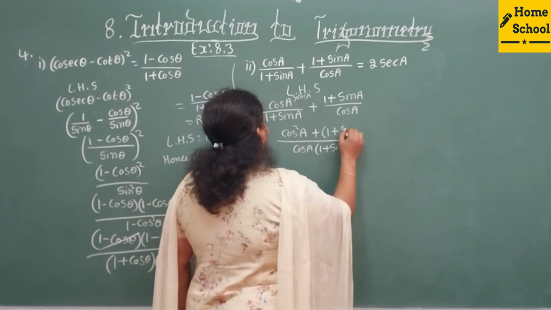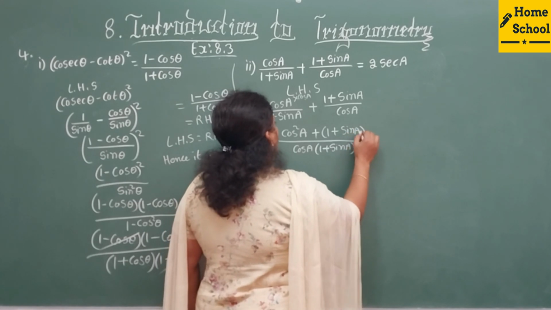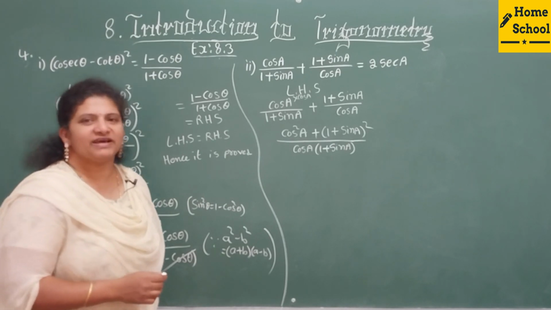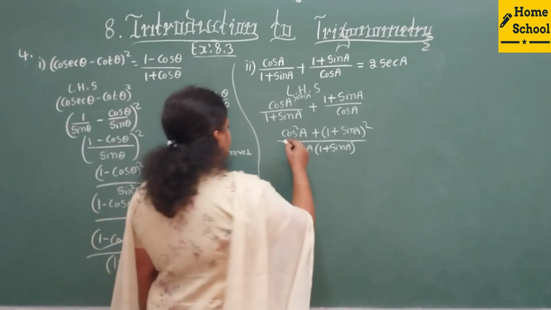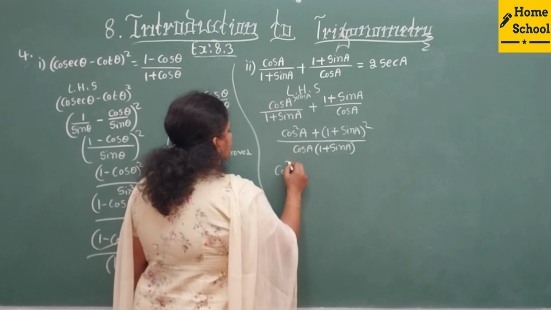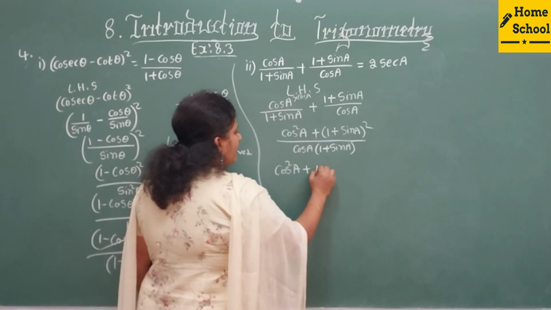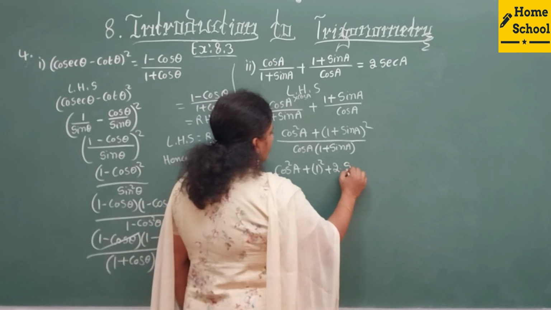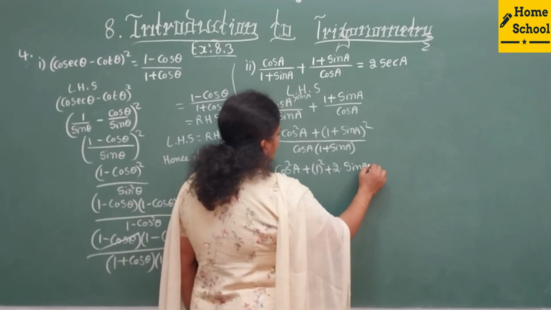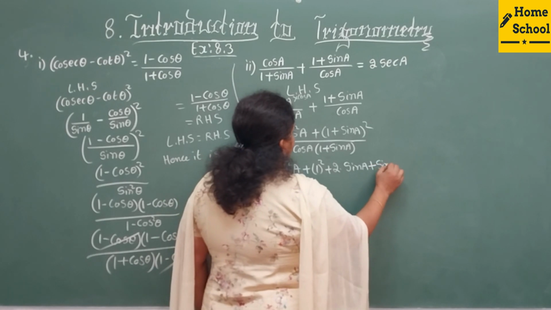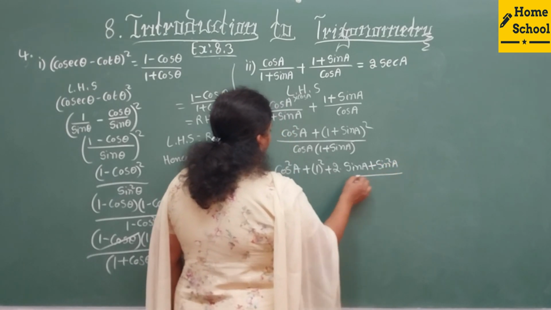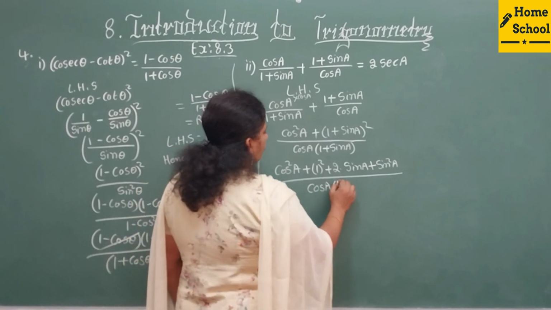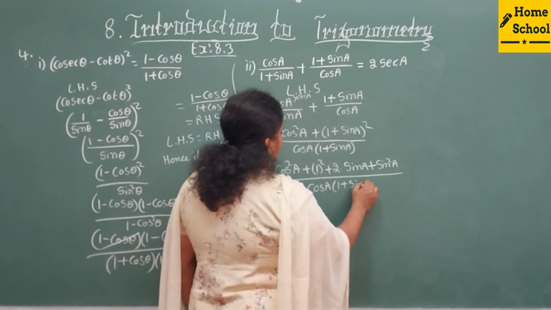That becomes 1 plus sin A whole square. Again you can see an identity, A plus B whole square. Split that one: cos square A plus 1 square plus 2AB, that is 2 into 1 into sin A or 2 sin A, plus sin square A, whole divided by cos A into 1 plus sin A.